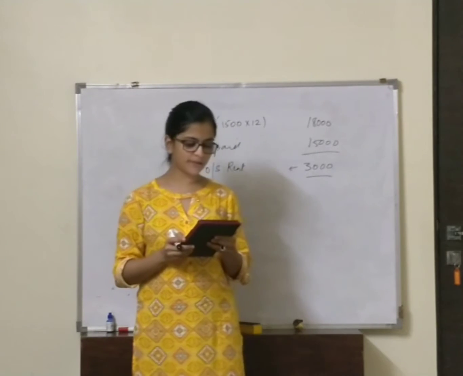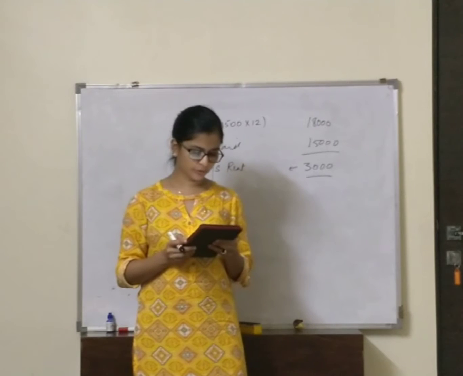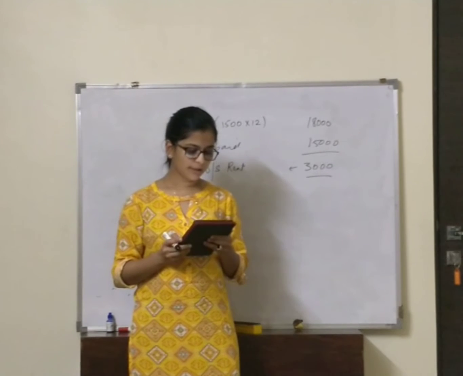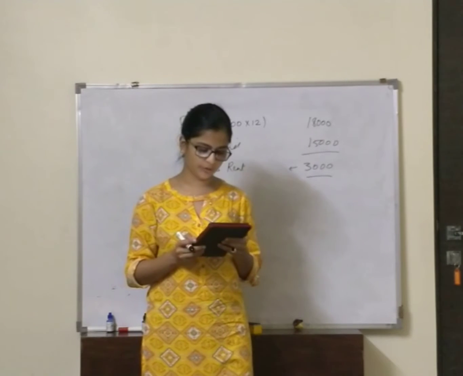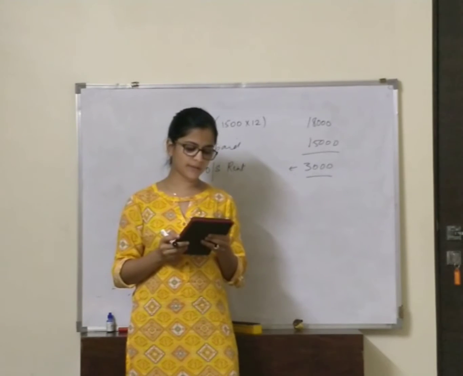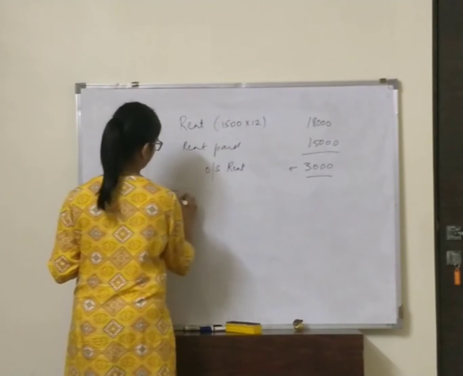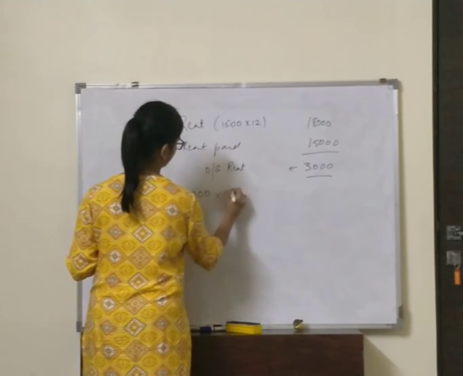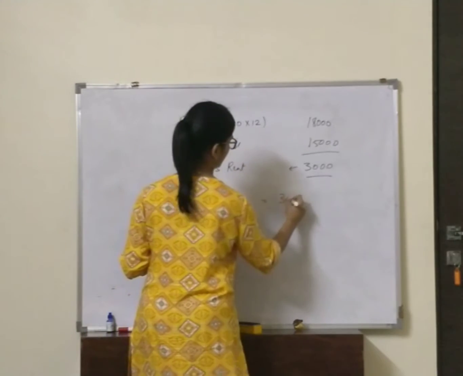Then we have prepaid salary 2,000, income and expenditure account and closing balance sheet. In 2014-15, 50,000 we deposited in fixed deposit for 3 years in bank, carrying 6% interest. So what will it be? 50,000 into 6 by 100. What's the total interest? 3,000.